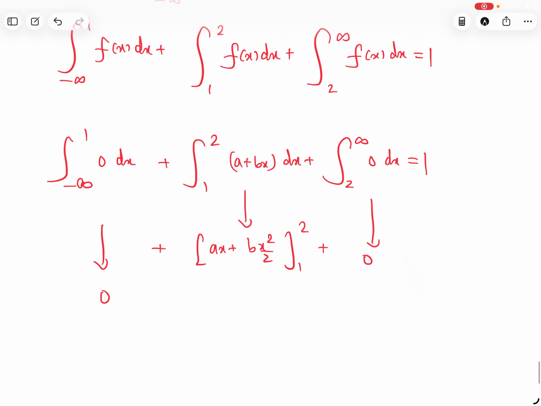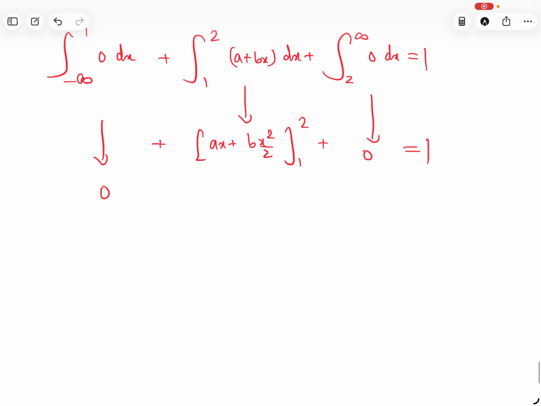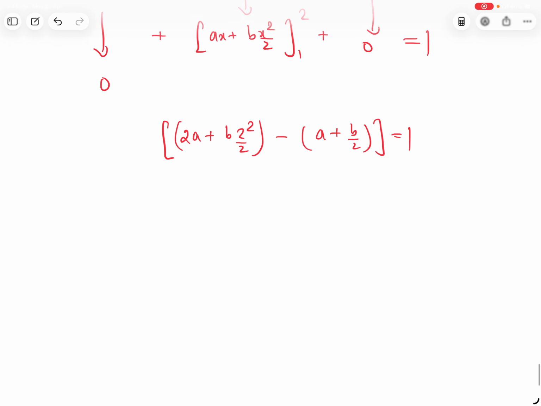And this part is this, so it is finally 1. What we got: 2a plus b into 2 square by 2 minus a plus b by 2 is equal to 1.